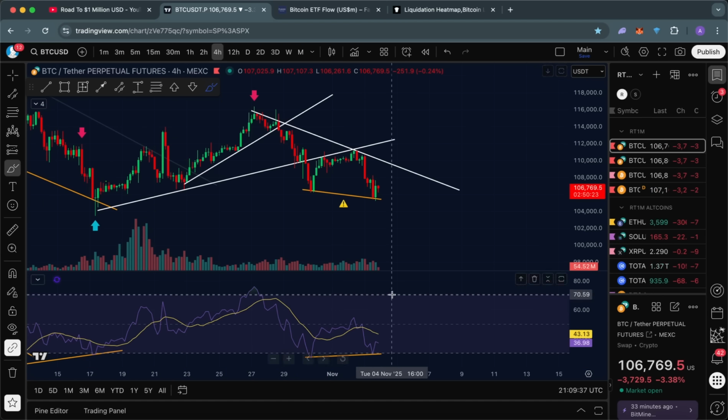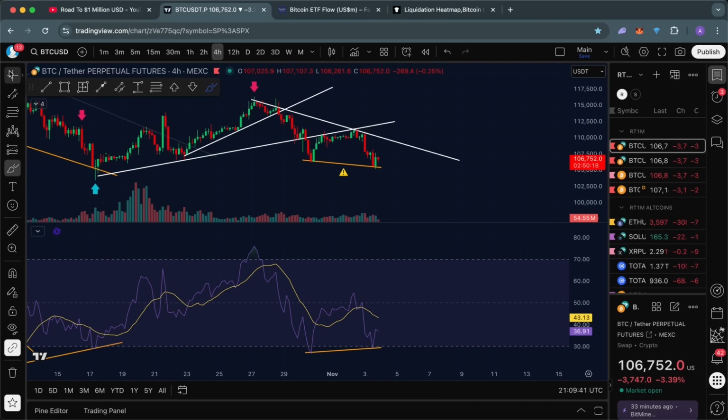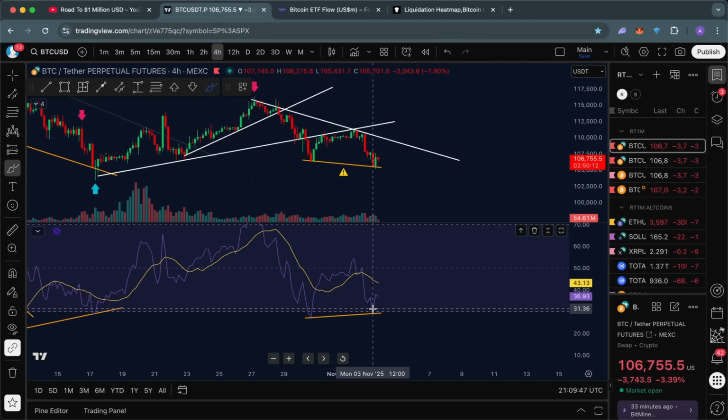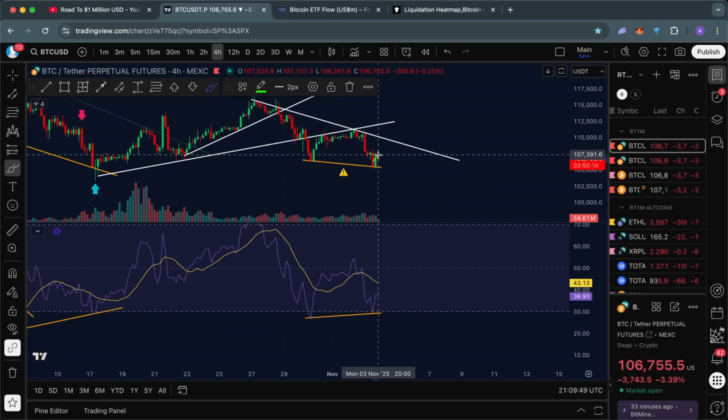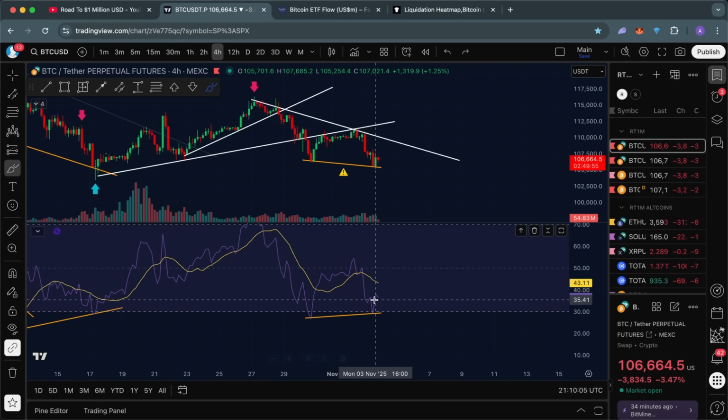Before I get to that, I want to talk about the point of invalidation for this bullish divergence, guys, because this is going to be very important to keep a very close eye on. Now, for example, a bullish divergence like this can get invalidated if we create new lows on a candle closing basis. So in this case, if we get candle closes below 105.6K, then this bullish divergence is already invalidated.